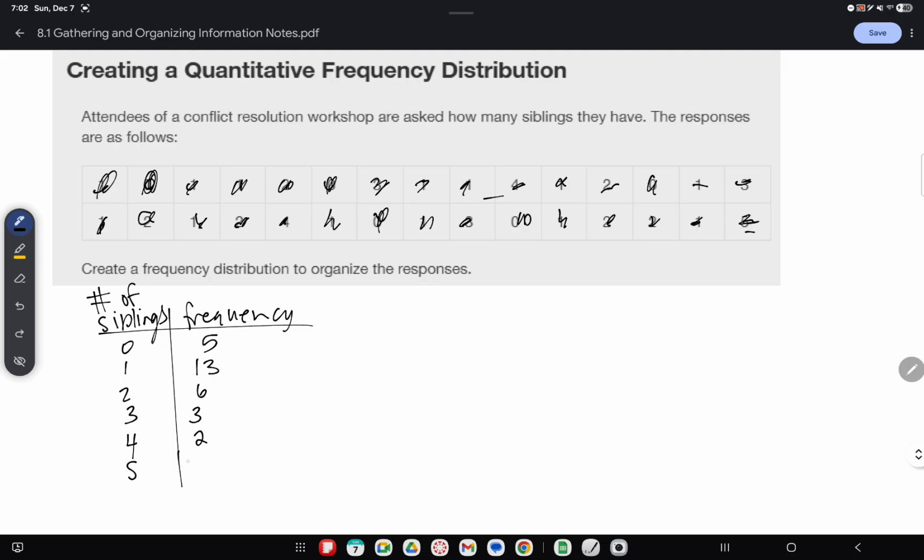And then 1, 5. So this one didn't give us a total number here, so we can add that up. So 5 and 13 is 18. That's 20. 30.